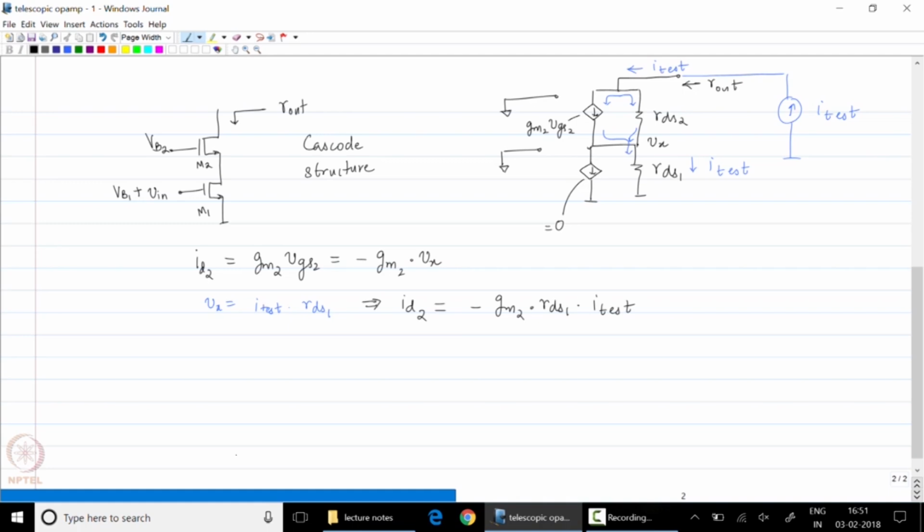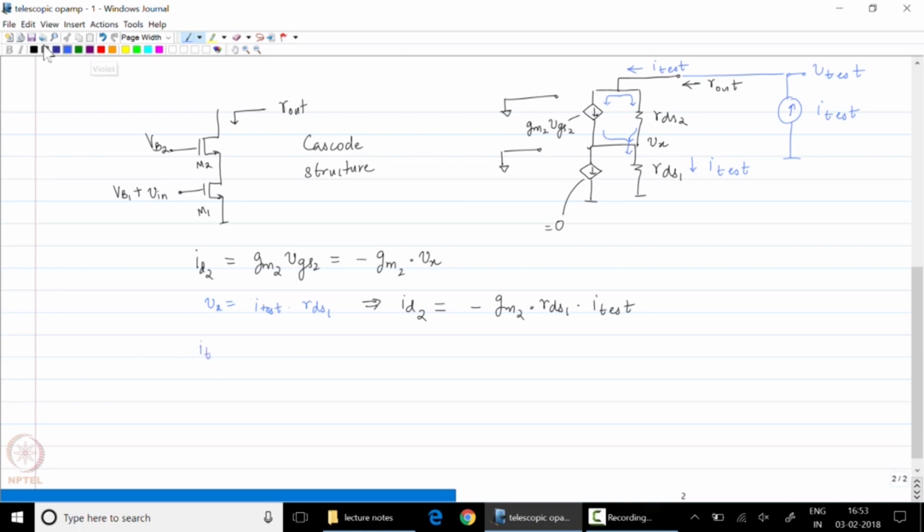Therefore, the output test voltage that is generated, denoted by V test, can be determined. The voltage V test can be determined by applying KCL at the output node in the following way. The sum of all currents at the output node has to be equal to 0.